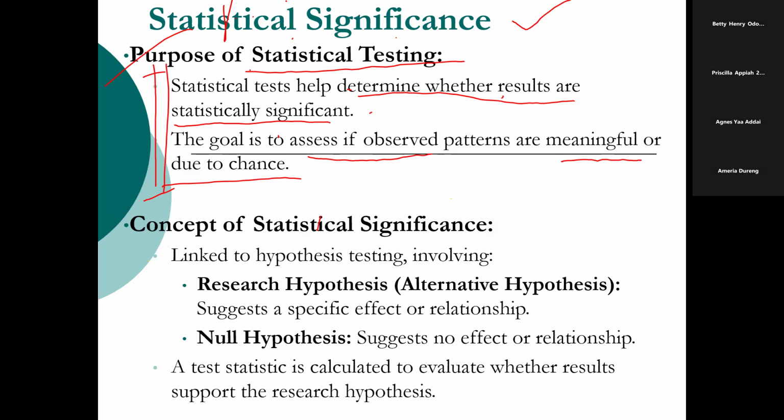And if we want to look at the concept of statistical significance, then we have to test hypotheses. If you've done research, which I know most of you have, you would have heard of the research hypothesis, and then we have the null hypothesis. Usually the research hypothesis will suggest a specific effect or relationship. Too much fatty food will give you cholesterol.